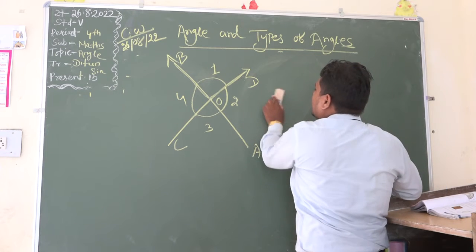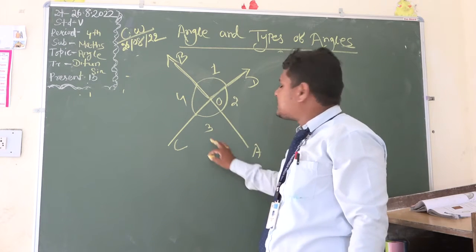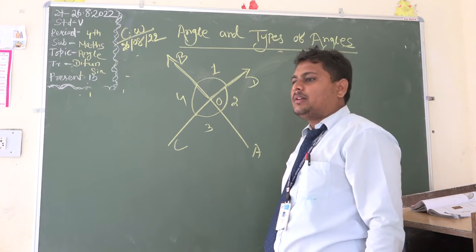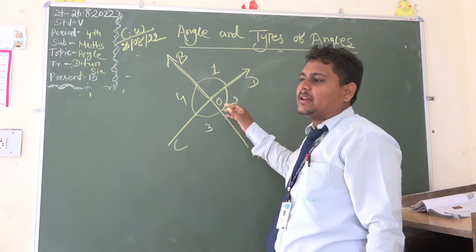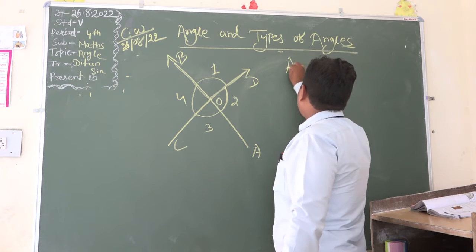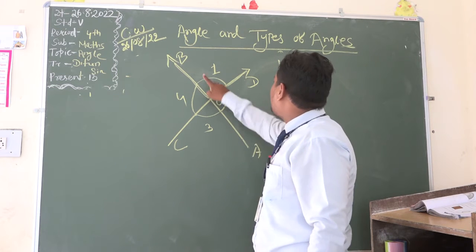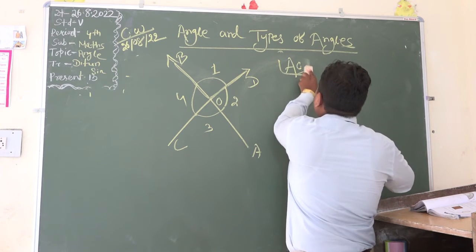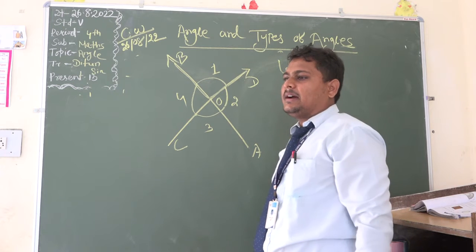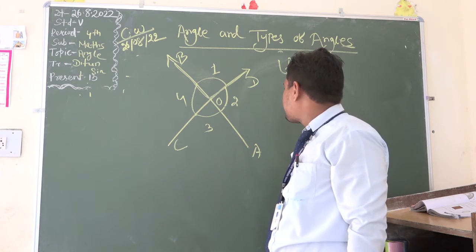Now one by one, tell me the names of these four angles. Rudra? AOB. Very good. Sorry, AOB will not be an angle, because A and B are on one straight line. AOD will be an angle. Another? COA.